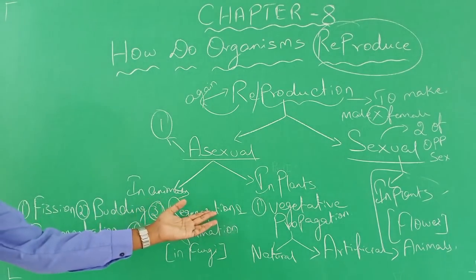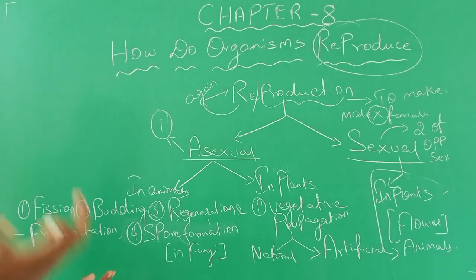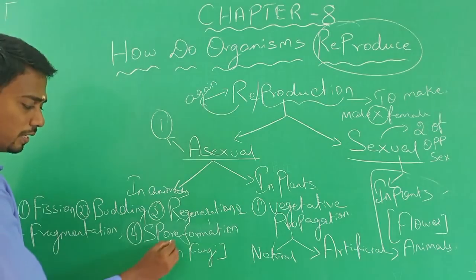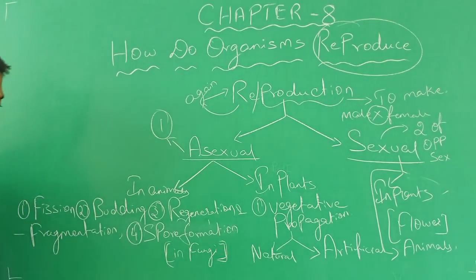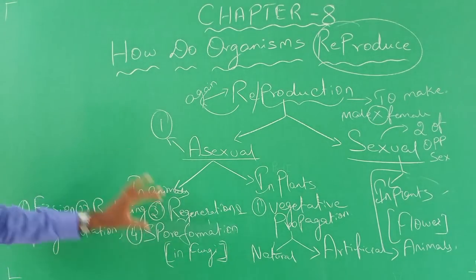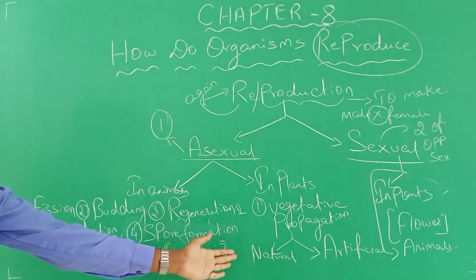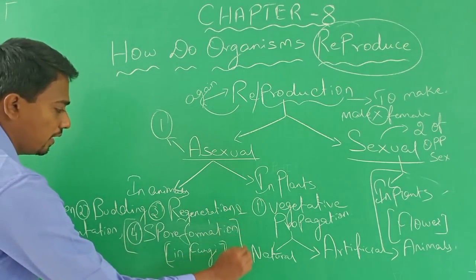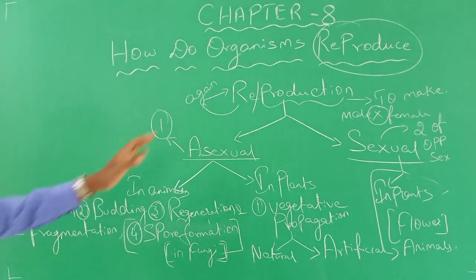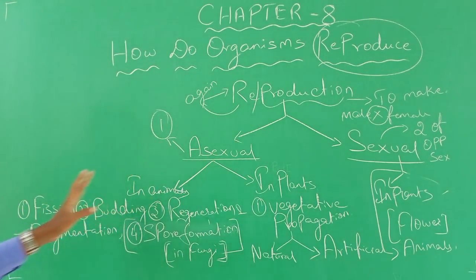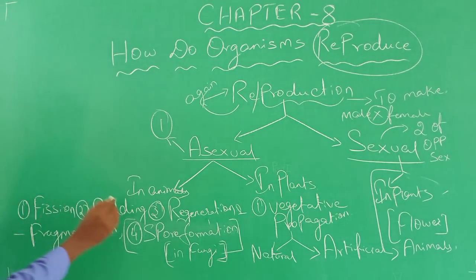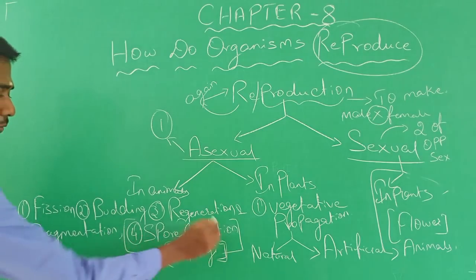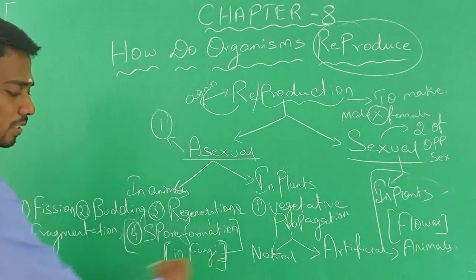You can write regeneration and fragmentation separately, it's up to you. The last one is spore formation, but it happens in fungi. Don't get confused that I mentioned this under animals; I didn't find space for one more column, so I grouped it here. Once again, in asexual reproduction the types involved are fission, budding, regeneration, fragmentation and spore formation, but spore formation occurs mostly in fungi.